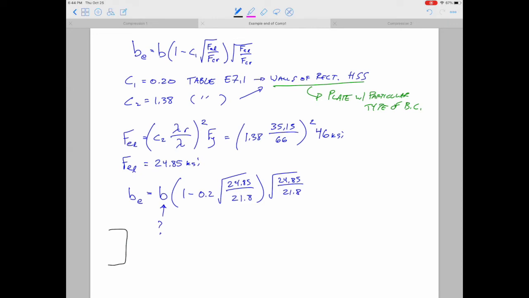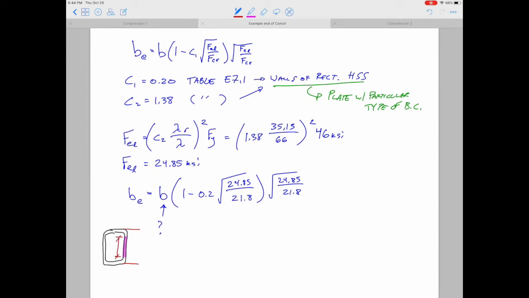So we have this HSS, and we've got these radii around the corner. We need to figure out what this is. One way we can do it is to start from this, our b.